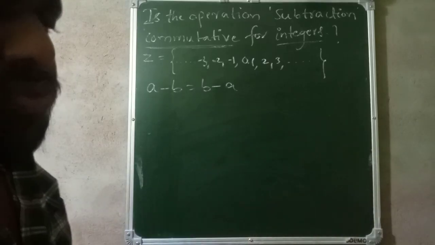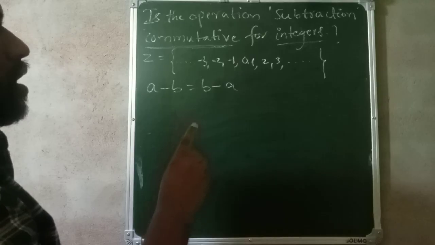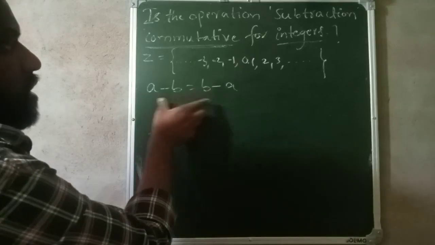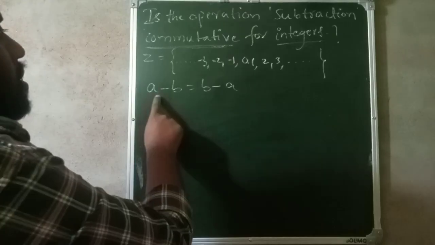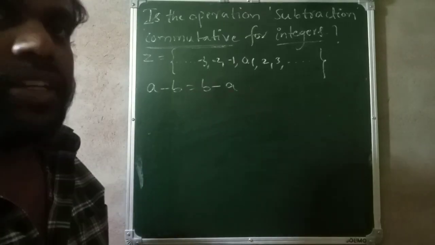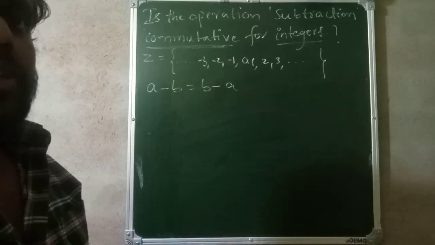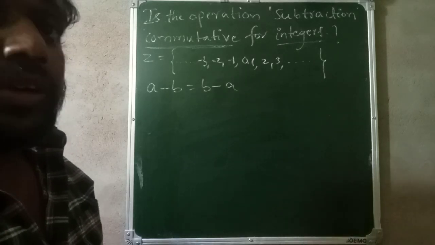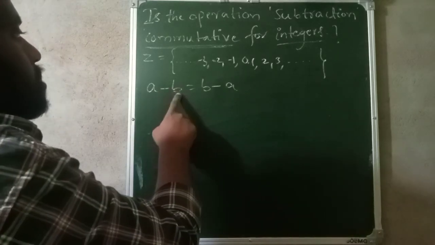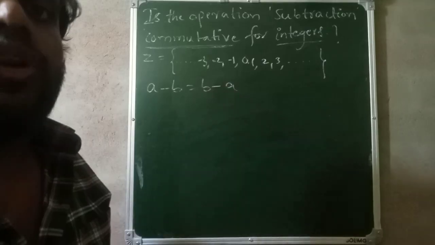I've just written something here, right? It doesn't mean A minus B is equal to B minus A for integers. It doesn't mean like that. But what we are going to do is check whether A minus B is equal to B minus A or not.